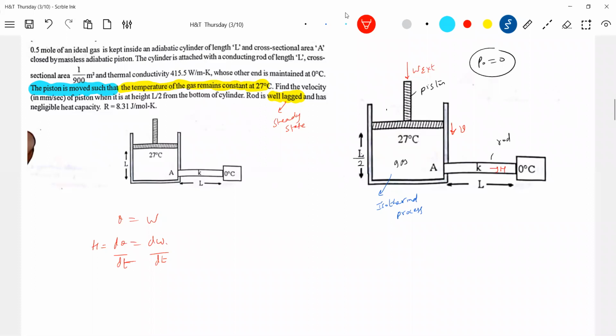The moment the word H comes, you can write the equation: K A delta T by L. Delta T is not the temperature difference of the gas, it is the temperature difference across the rod.